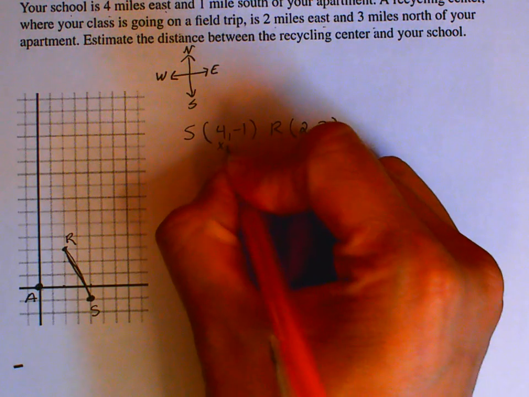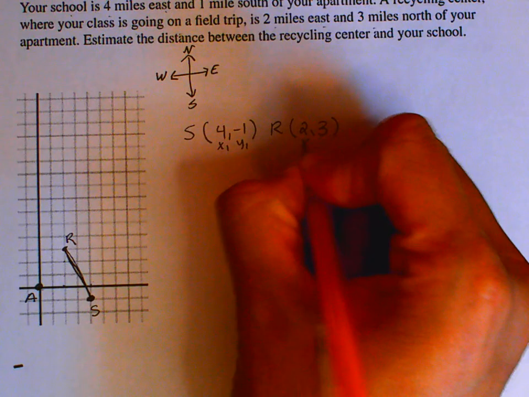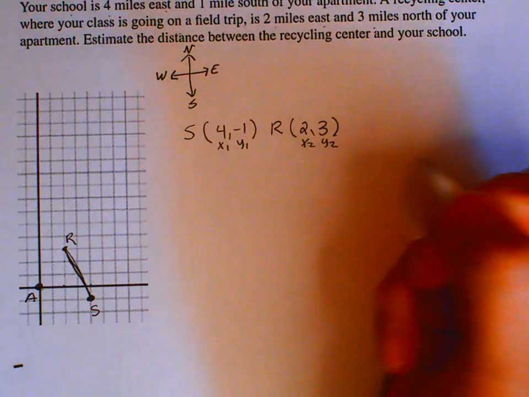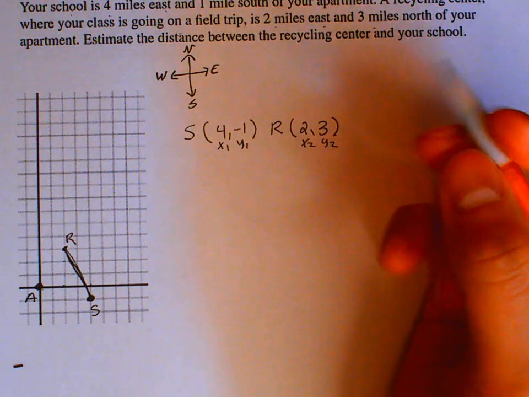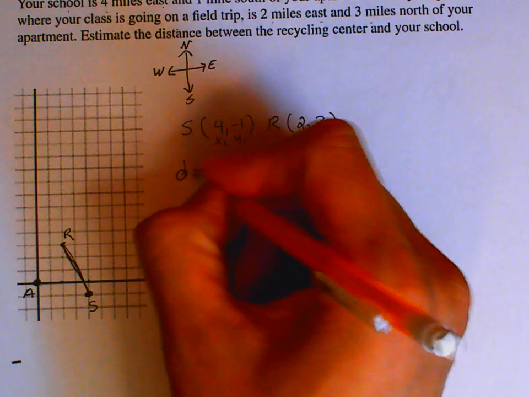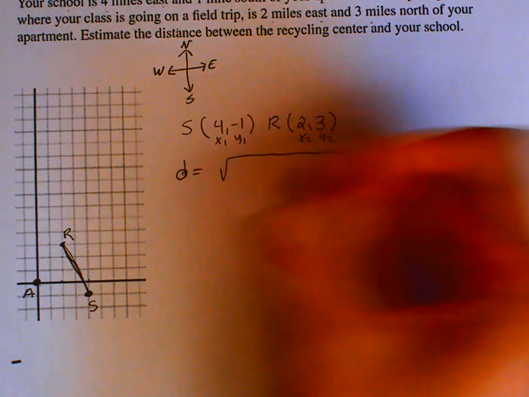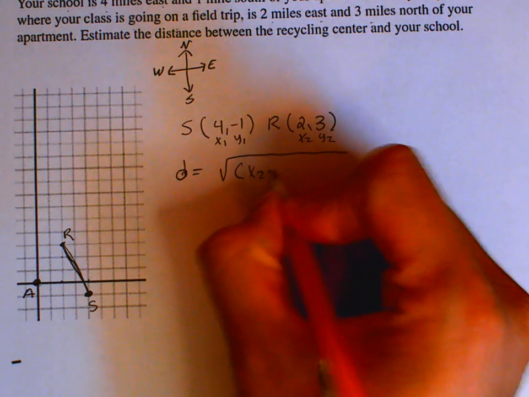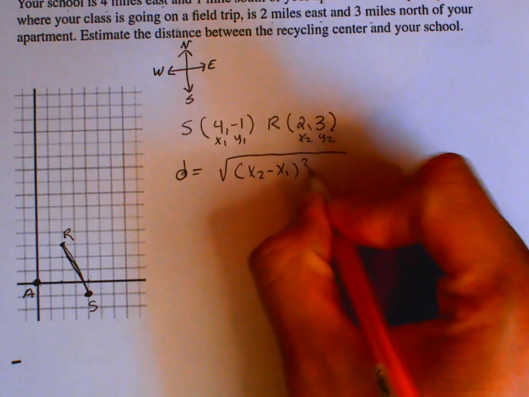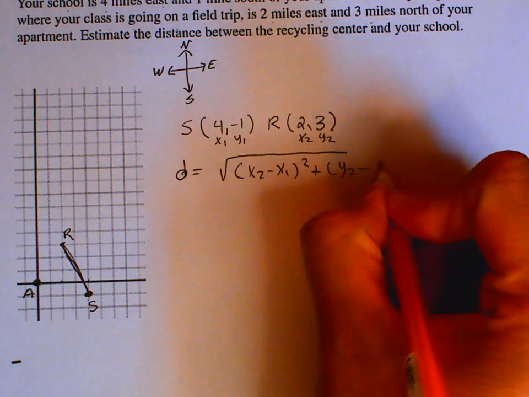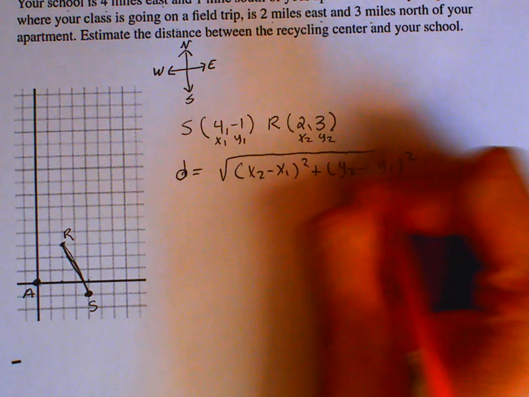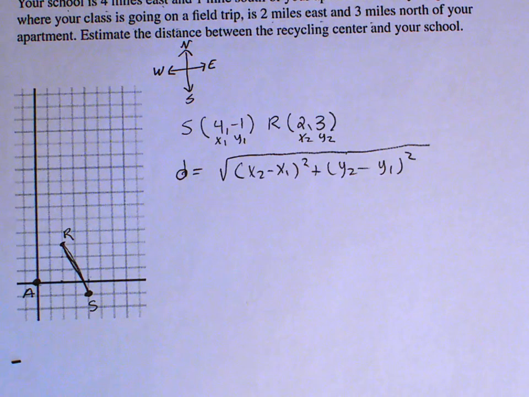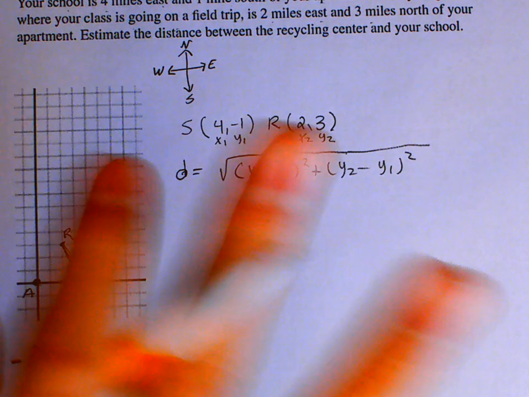I'm going to have to label them. Half of the problem comes with the labeling, and the second half is the substitution. So the distance is equal to the square root of x2 minus x1 quantity squared plus y2 minus y1 quantity squared. All you've got to do is literally plug it in and solve.